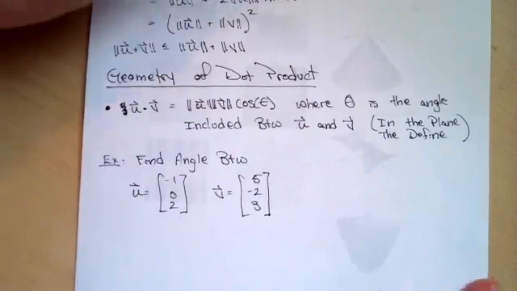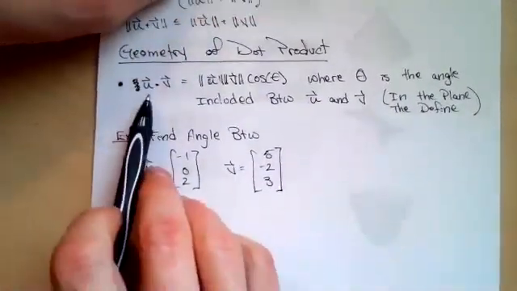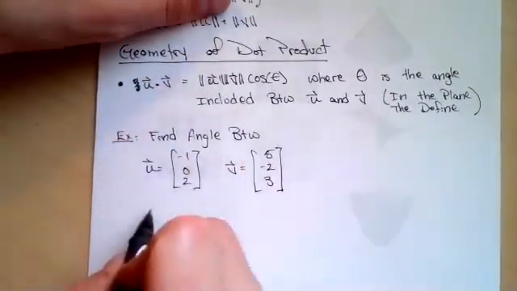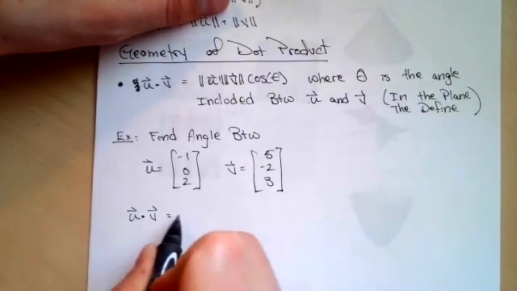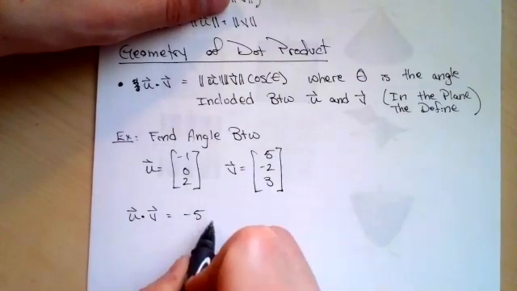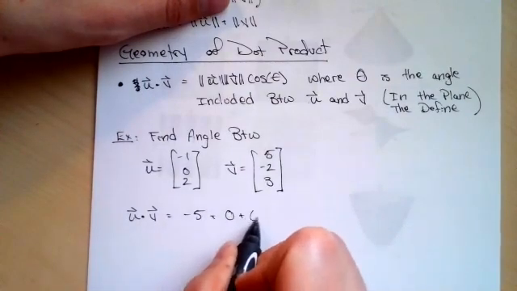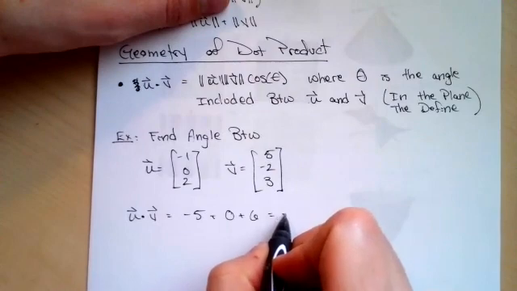We now have a tool to do that. Our first step is to compute the dot product. So u dot v is minus 5 plus 0 plus 6, so it's just going to be 1.